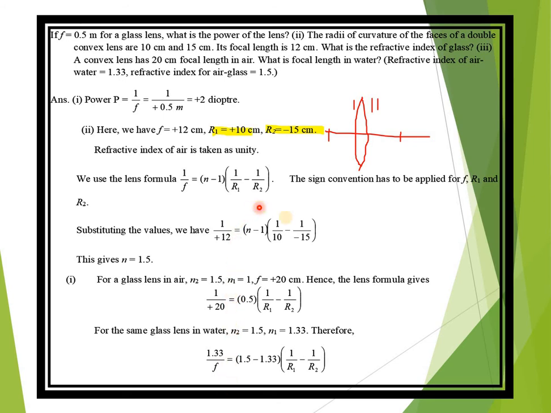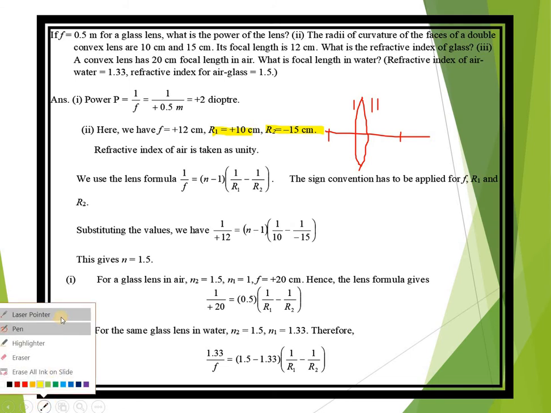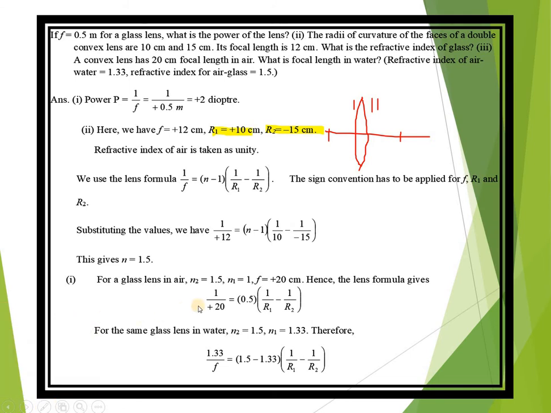In this way, if a lens is dipped in any solution or any liquid, its focal length can be calculated. It will be changed in this case. It is also possible that the nature of the lens can change. If you have not seen my previous video, please watch it. You will come to know about it. The nature also changes. It is possible.